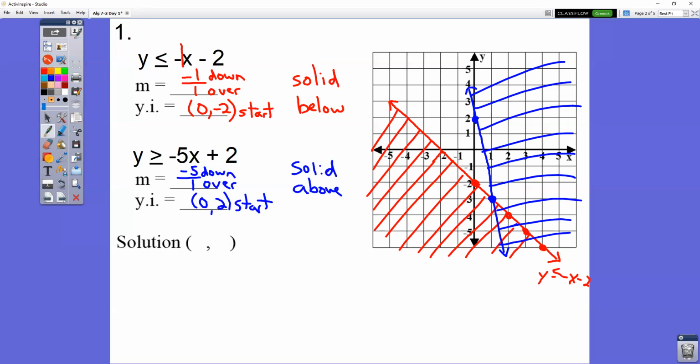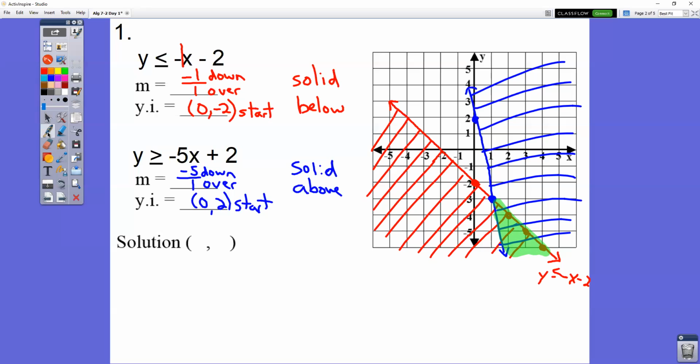So I'm looking for a point for my solution in the double shaded area, all right? A point in the double shaded area would be down in here. I can take any point in this green area down here. So again, because they're solid lines, I can include any point that's on that line.